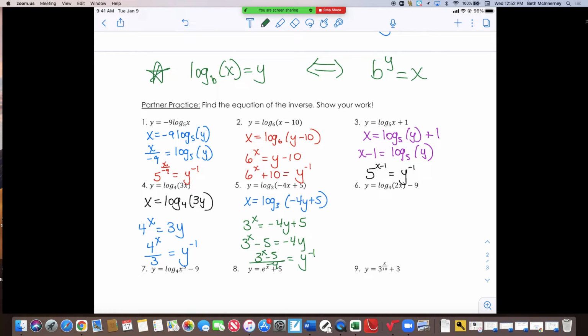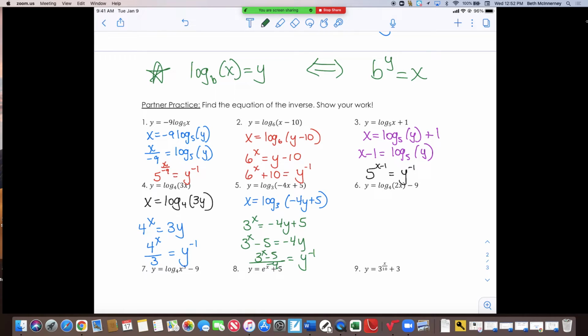Every time I'm changing my colors, this is where I'm going from the logarithmic form to its equivalent exponential form. That's what I'm actually doing.